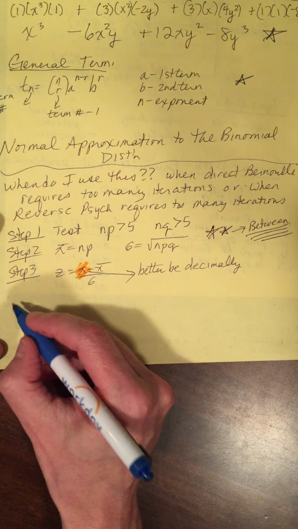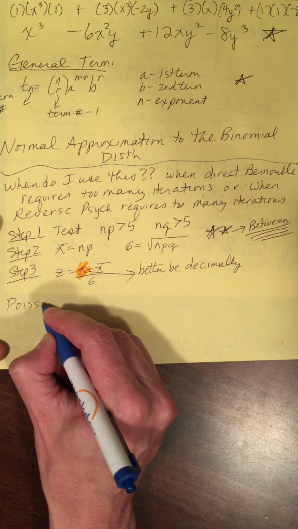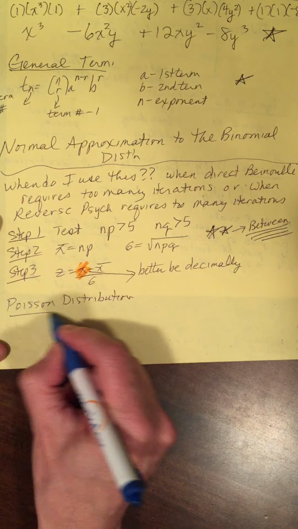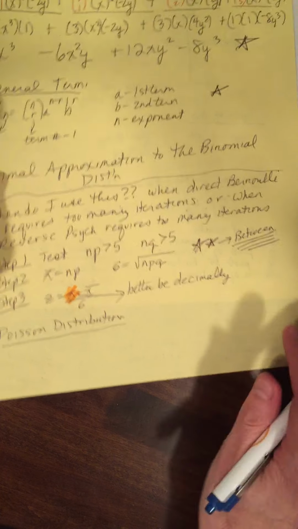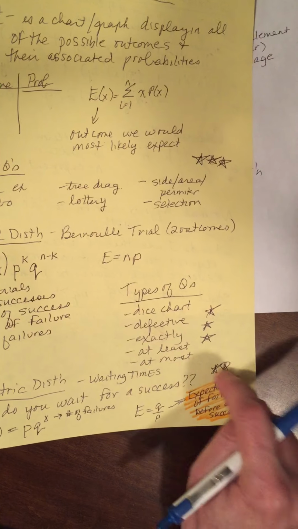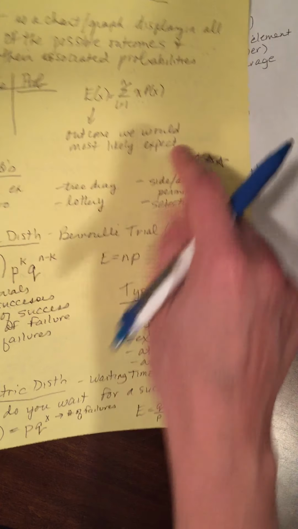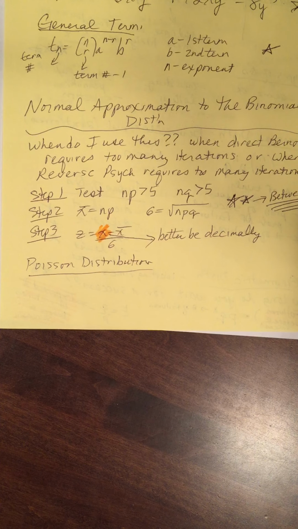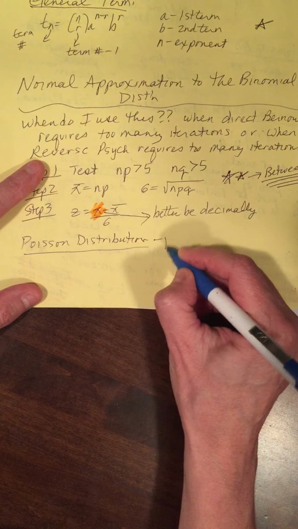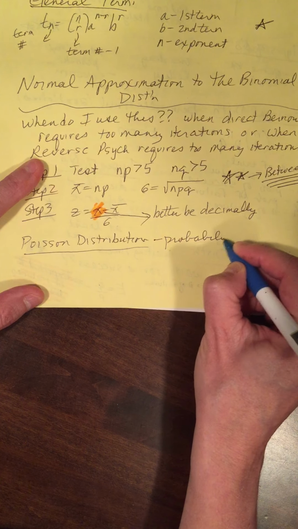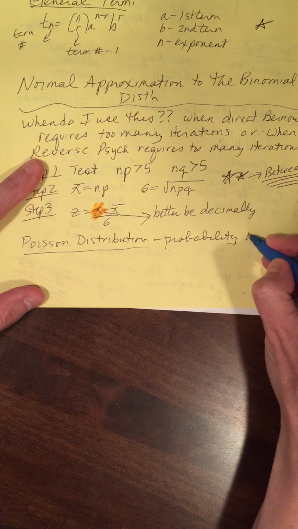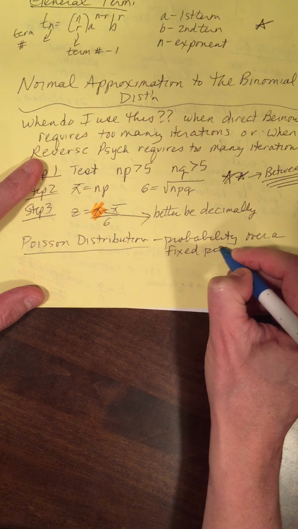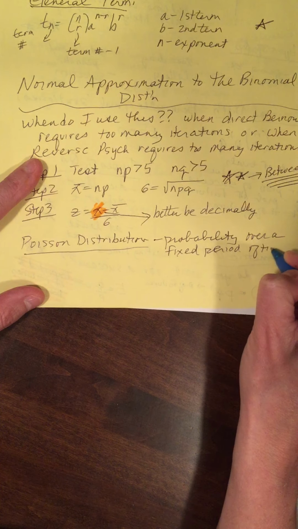Okay, the very last one is a Poisson distribution. Sorry, I didn't review. How many questions are we looking at? 2, 3, 4, 5, 6, 7, 8, 9, 10, 11, 12. Looking good, right? 12, 13, 14 questions. And a Poisson distribution is the probability over a fixed period of time.